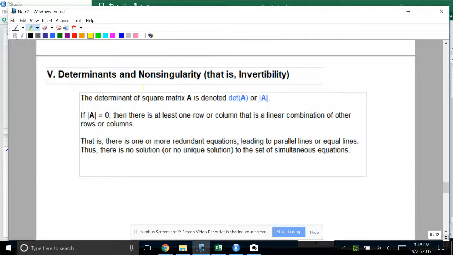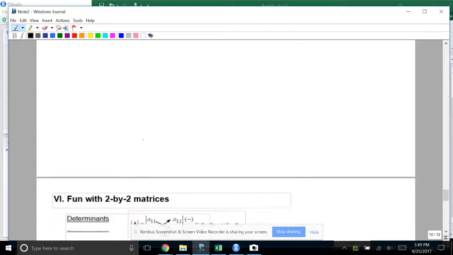So the rule is if the determinant, which we can write as either det A or with the absolute value signs, the determinant of A, equals 0, we cannot invert. There is one or more redundant equations in there.